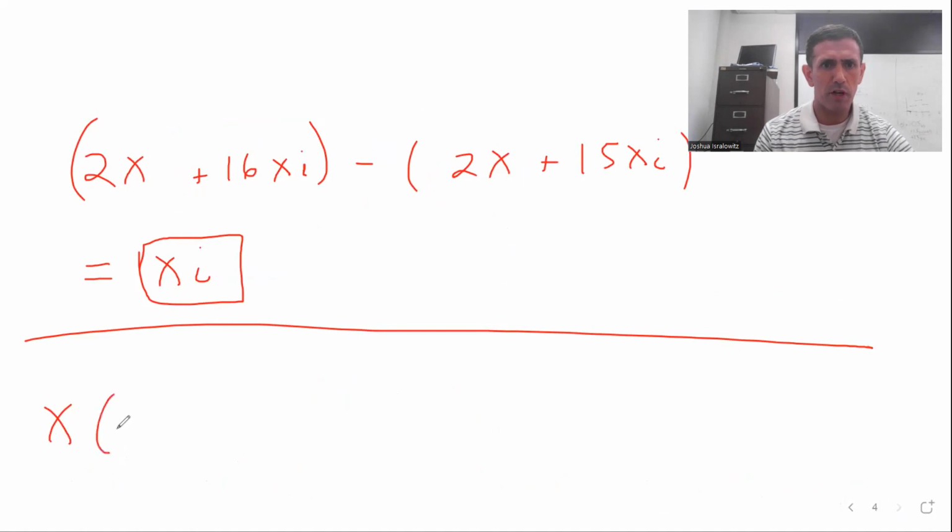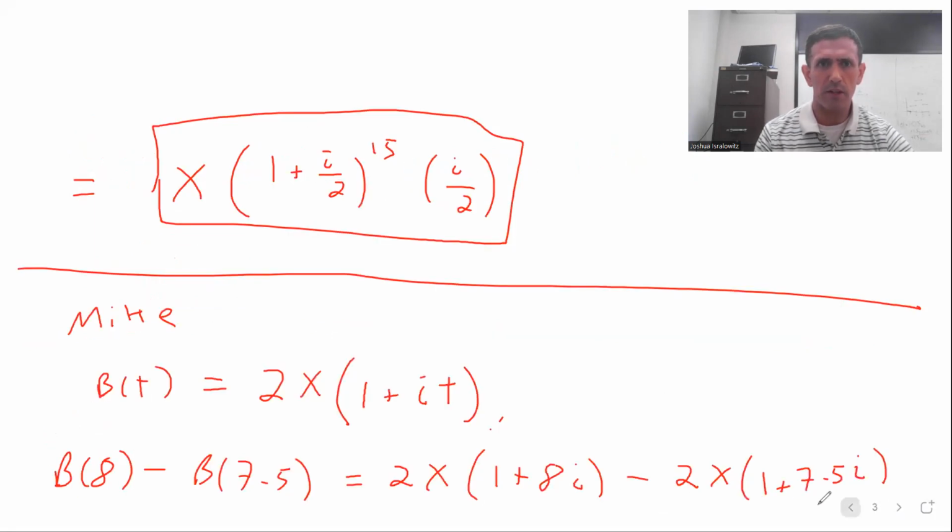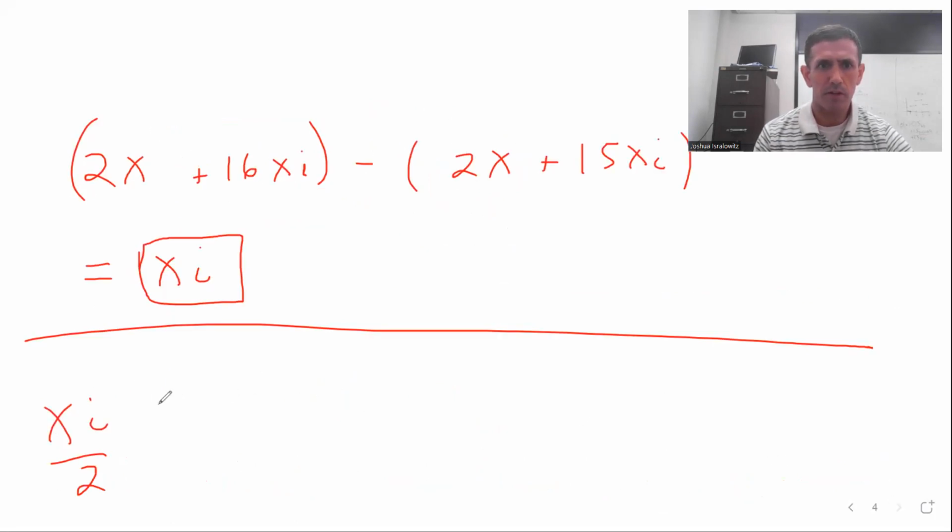Let me move this up front, the i over 2, not that it matters that much. I'm just taking this i over 2 and putting it up front. It's 1 plus i over 2 to the 15th equals xi.